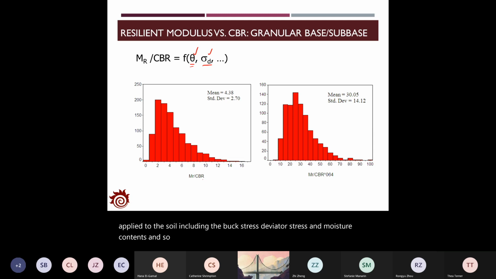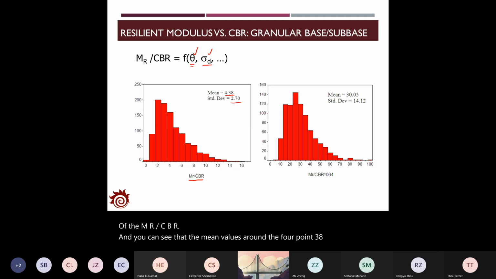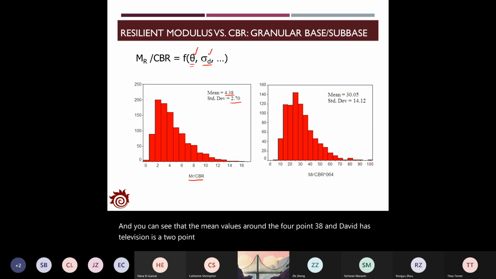So the figure on the left shows the distribution of the MR divided by CBR. You can see that the mean value is around 4.38, and the standard deviation is 2.70. This indicates what kind of range of values we can use for the linear model to show the relationship between MR and CBR.